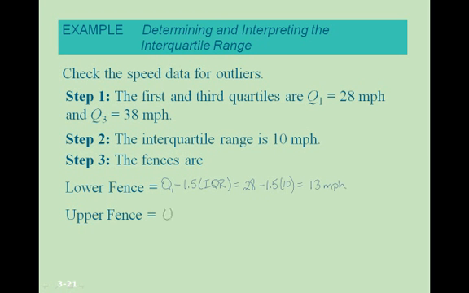The upper fence is Q3 plus 1.5 times the IQR. So we have 38 plus 1.5 times 10. And this will give us a value of 53 miles per hour for our upper fence.